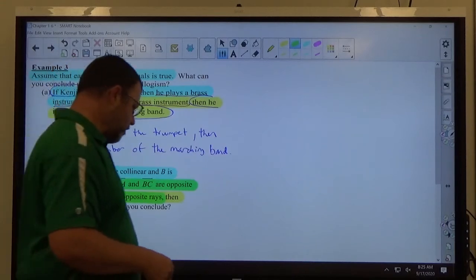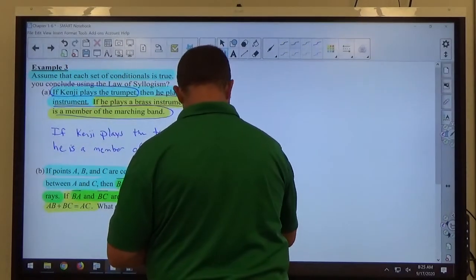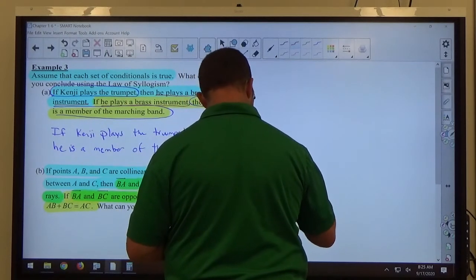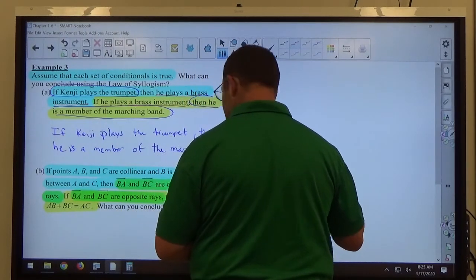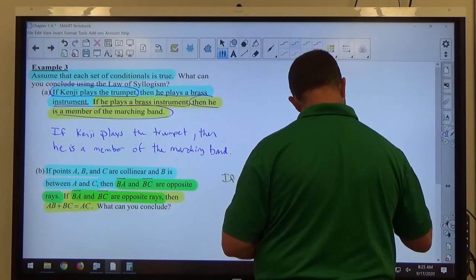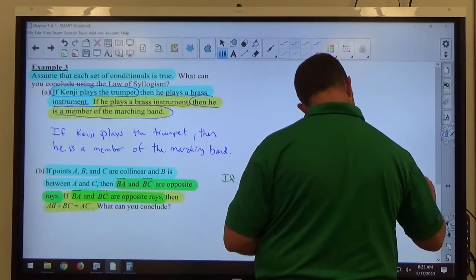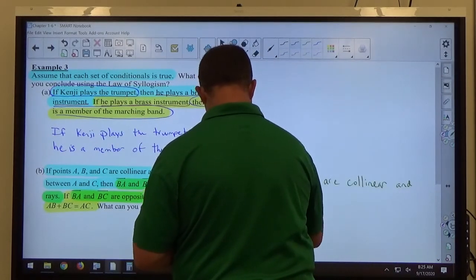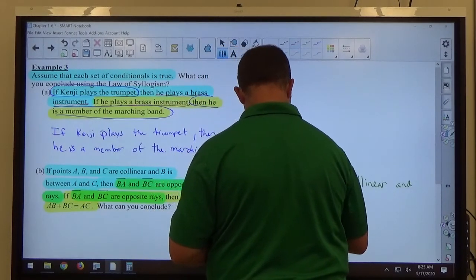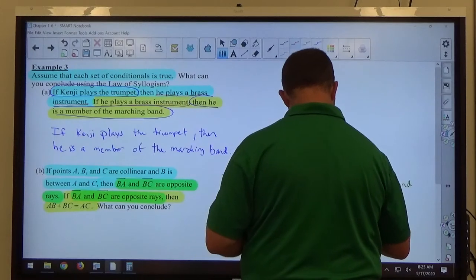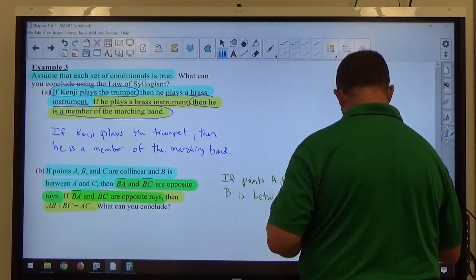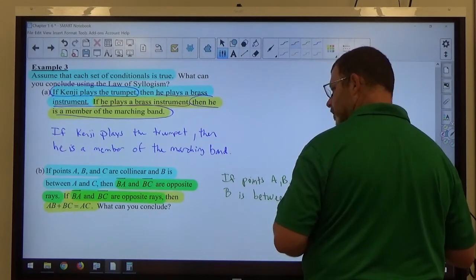So if I'm writing this out, I'm going to say if points A, B, and C are collinear and B is between A and C, then AB plus BC equals AC.